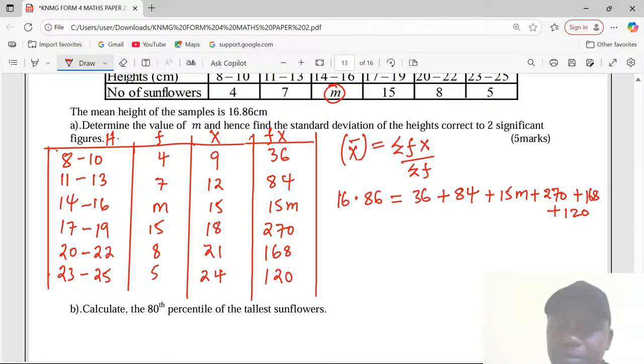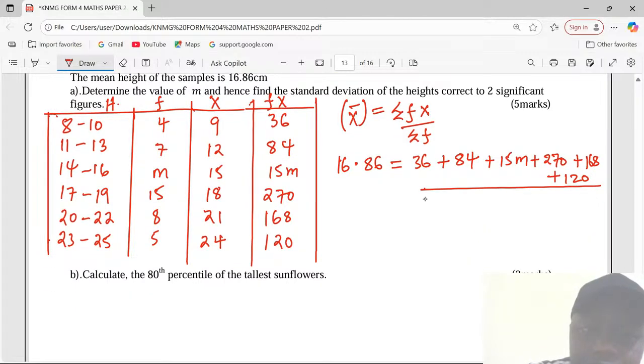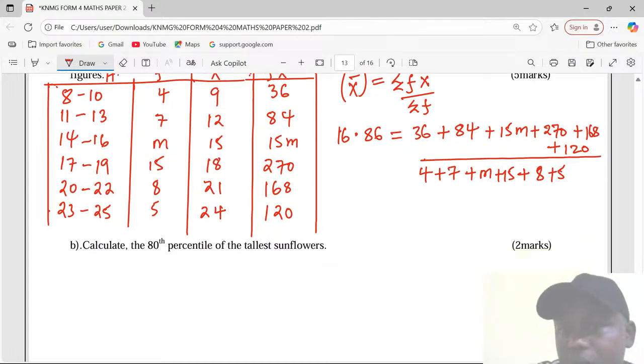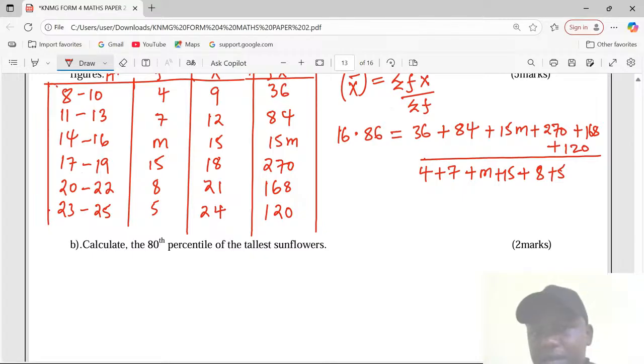Then everything is divided by sum of f, which means 4 plus 7 plus m plus 15 plus 8 plus 5, all the frequencies. We should get the mean that we are already having.